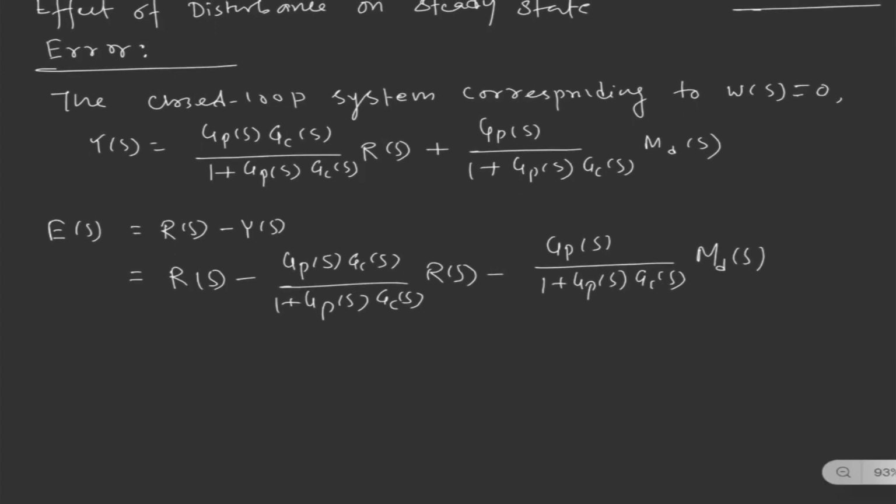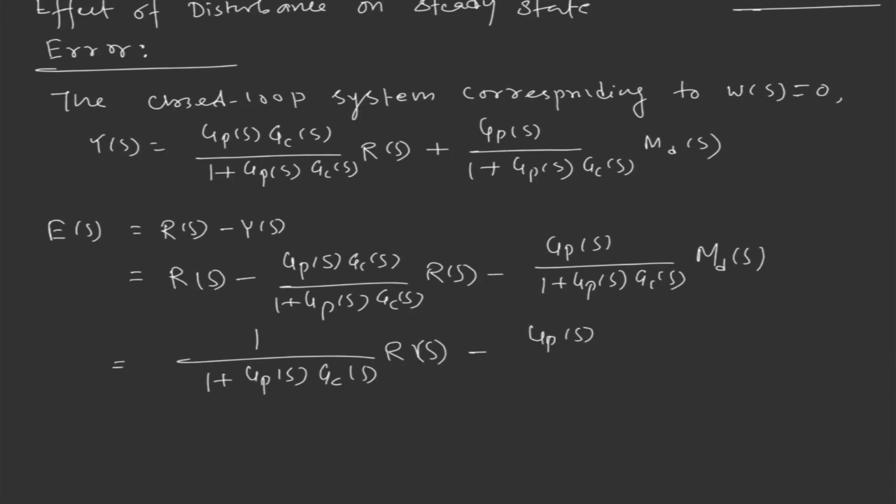And if you solve the first two terms, we'll have 1 over 1 plus Gp(s) Gc(s), R(s), minus Gp(s) over 1 plus Gp(s) Gc(s), Md(s).